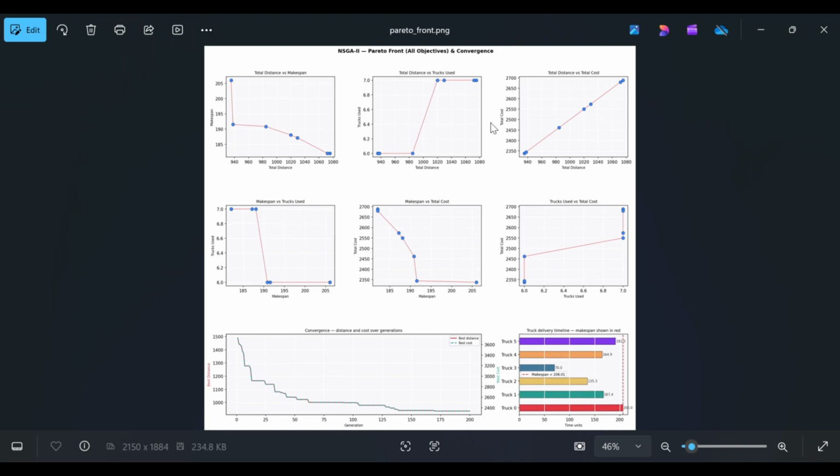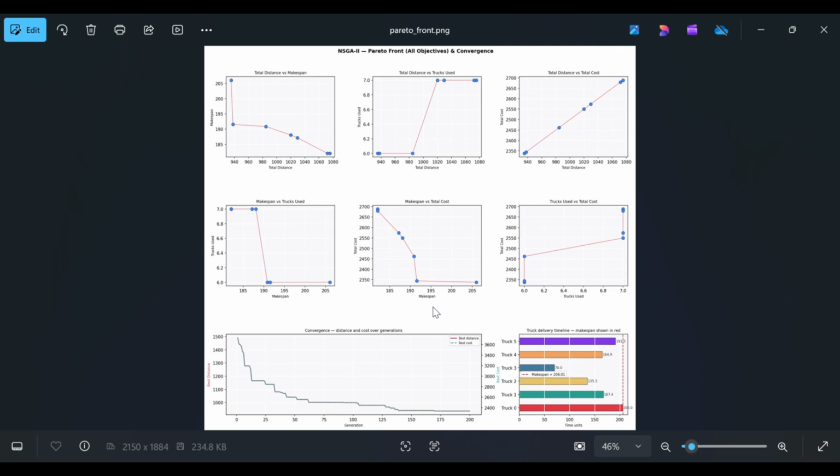Distance versus cost, and so on. Each blue dot is one of our Pareto solutions. The red line connects them to show the trade-off: as distance goes down, makespan goes up. You cannot have the best of everything at the same time.